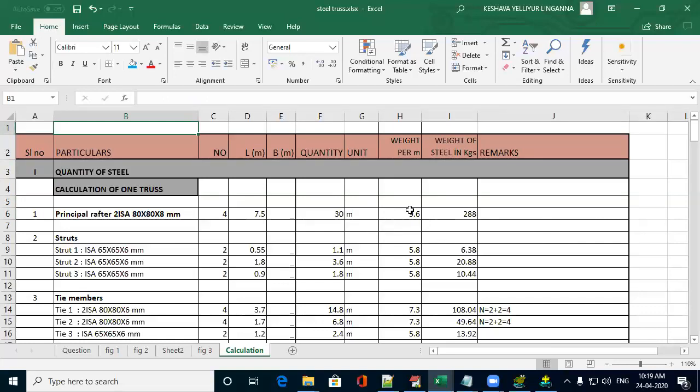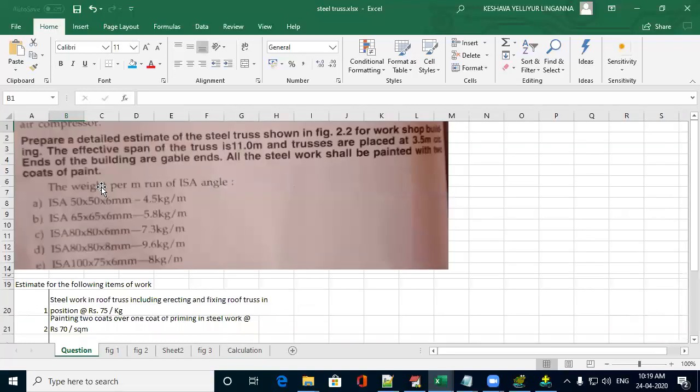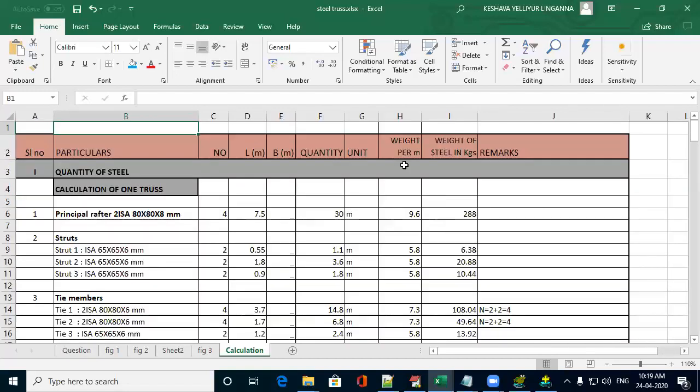Weight per meter is very important. This should be given in the question. You can see the weight per meter is given here. Our principal rafter is of size 80 by 80 by 8 mm, that is 9.6 kg per meter. So I have written 9.6.